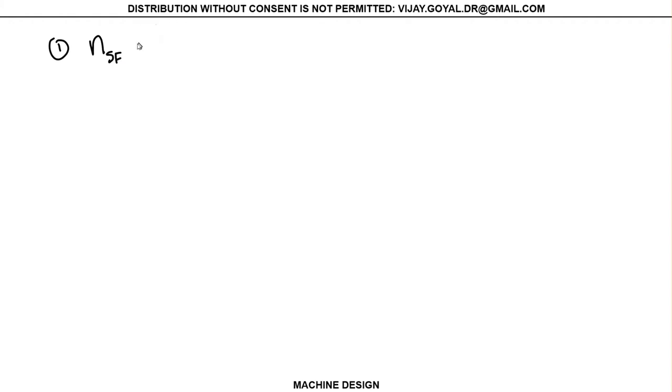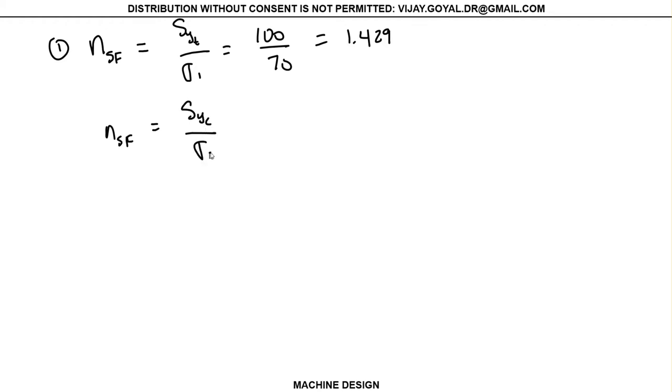So I am expecting you will say, okay, this is sigma yield over sigma 1, right? So that would be 100 over 70, which gives me 1.29. And then your compressive would be sigma compressive over sigma 3, and that gives you minus 100 divided by 0, which gives you infinite.